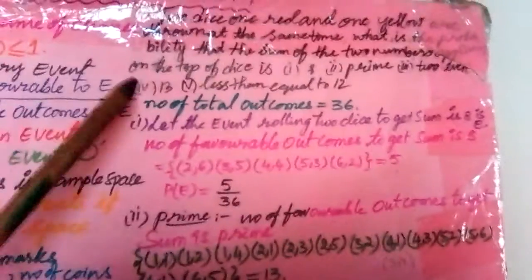Okay, these are 5 questions. So first of all, when two dice are rolled, the number of total outcomes is 36. Okay, you need to draw this tabular form. Remember this one.